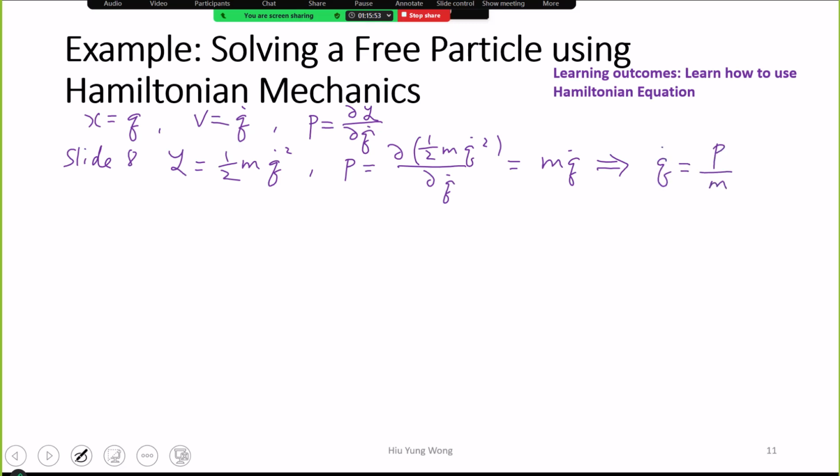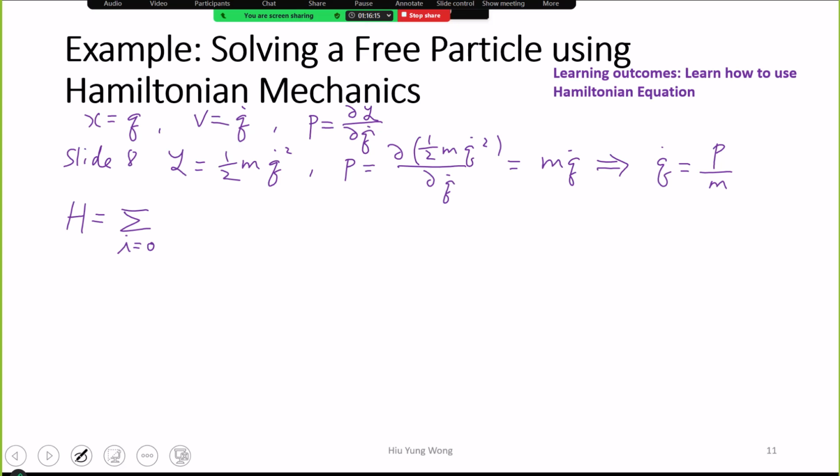So what is the Hamiltonian in this case? It is equal to the summation over all the coordinates of p_i q_i dot minus L. This is the equation I put up here.